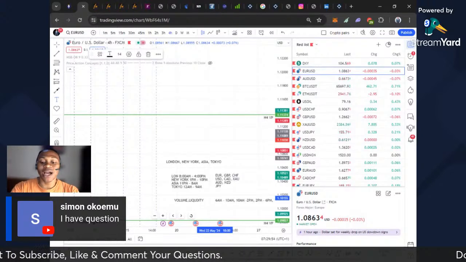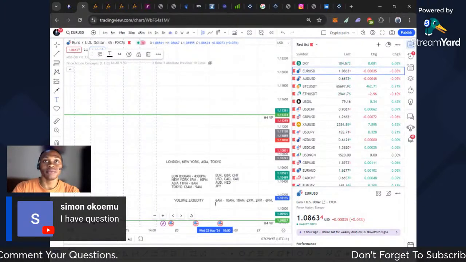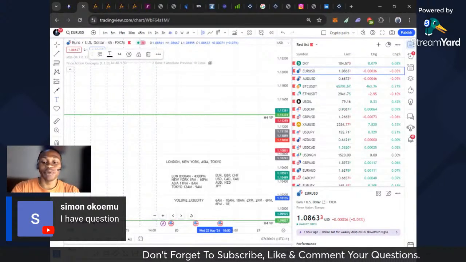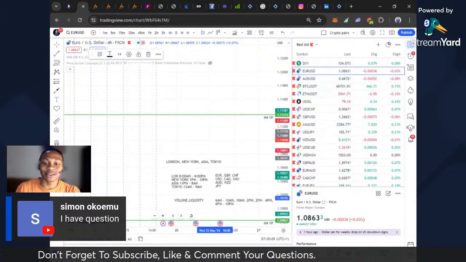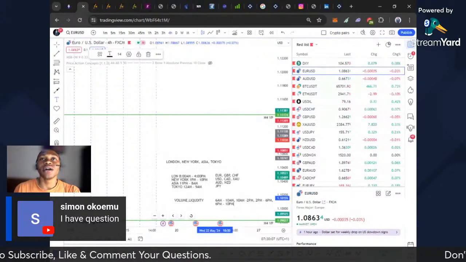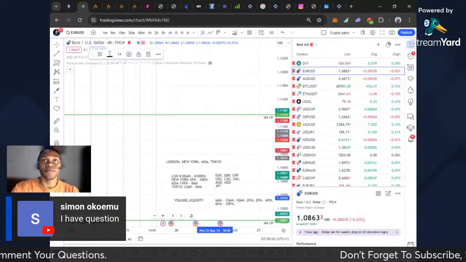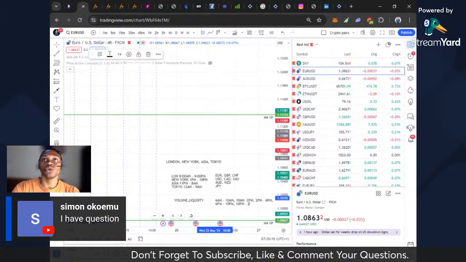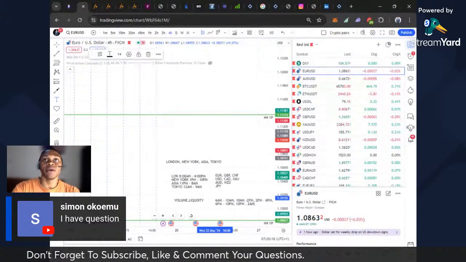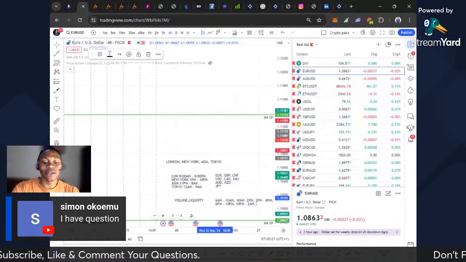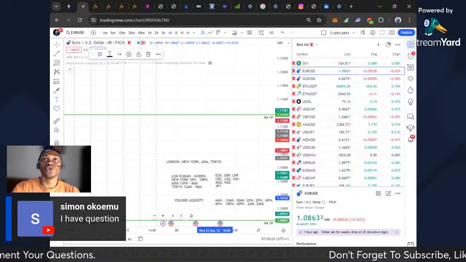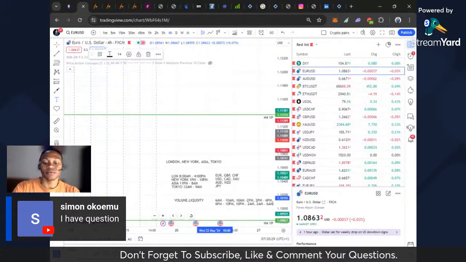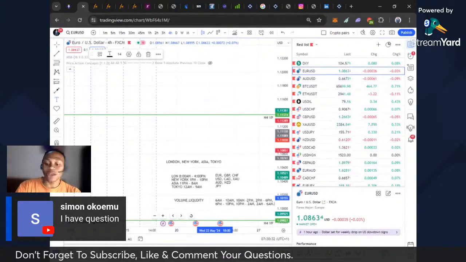And we have the 6 p.m. to 10 p.m. 4-hour candle. And also we have the 10 p.m. to 2 a.m. 4-hour candle. And lastly, we have the 2 a.m. to 6 a.m. 4-hour candle, and the cycle starts again.